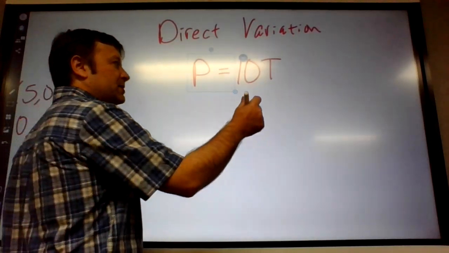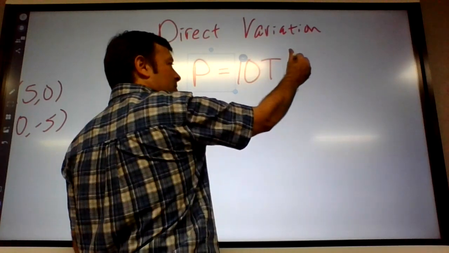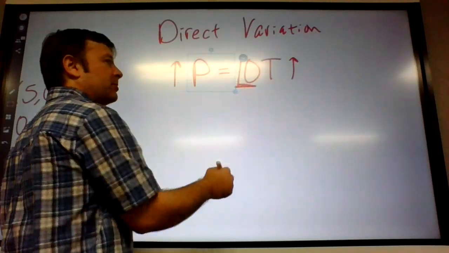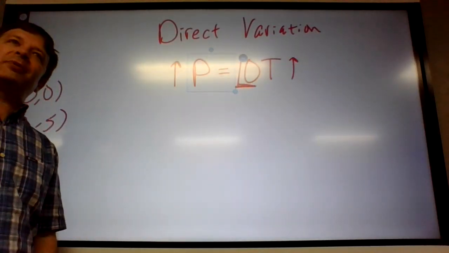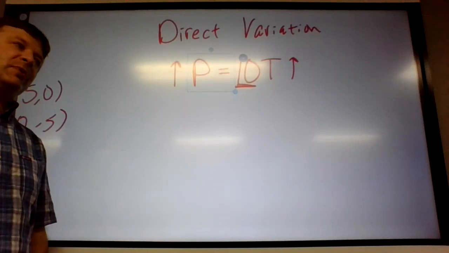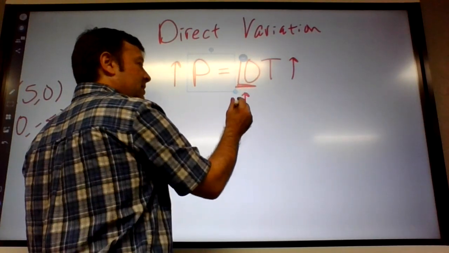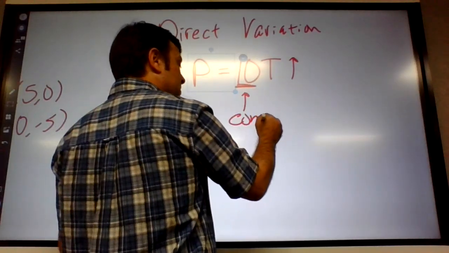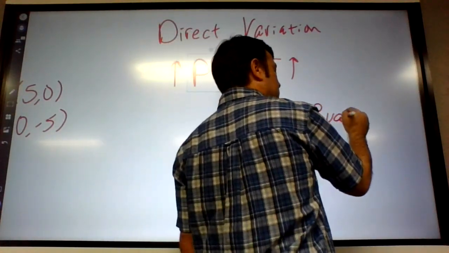What makes direct variation is that when one number goes up, the other number goes up by some common multiplier. So the more t-shirts we sell, the more profit we get. This number in here is called the constant of variation.